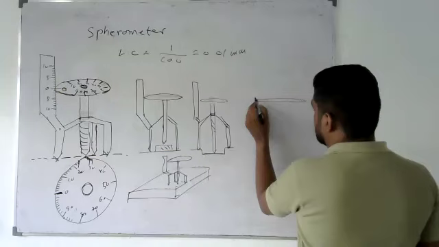You have to subtract this much from this. So the reading is 4.32 minus 1.22. It is 3.10.